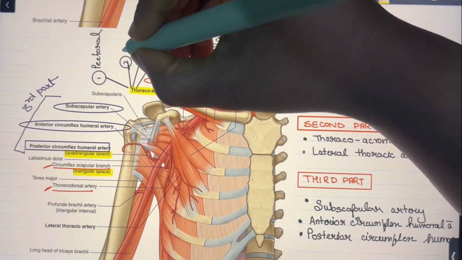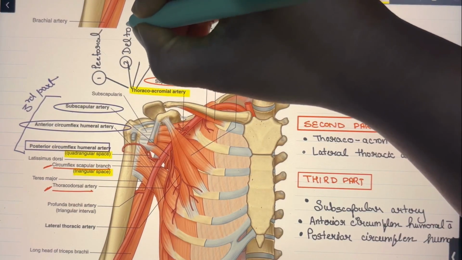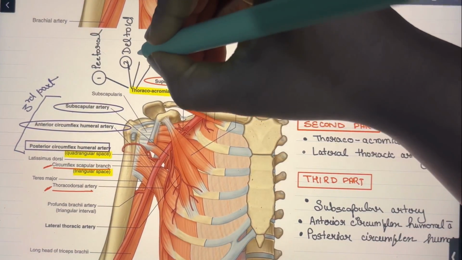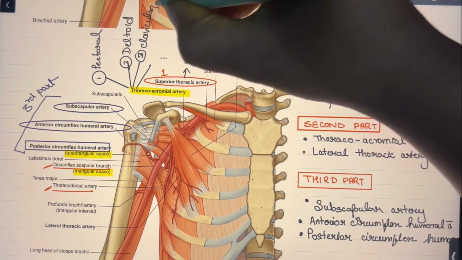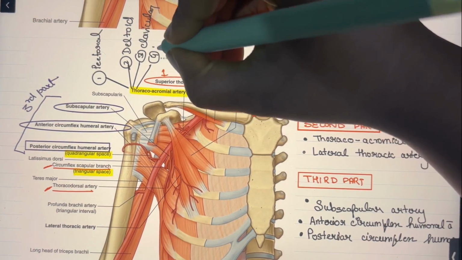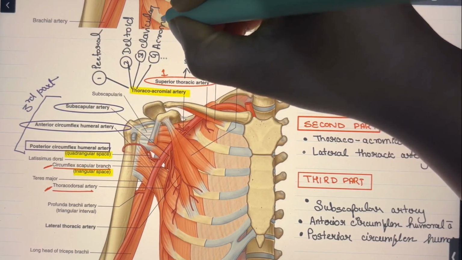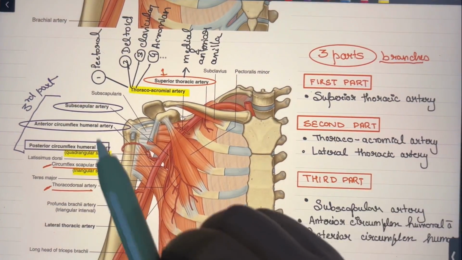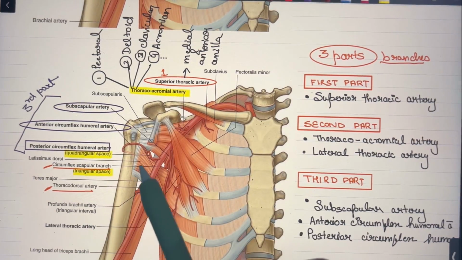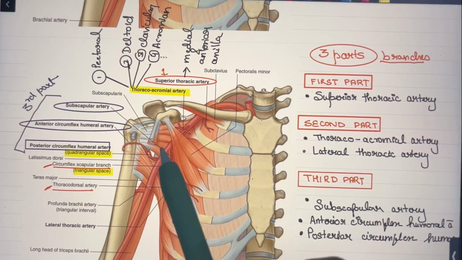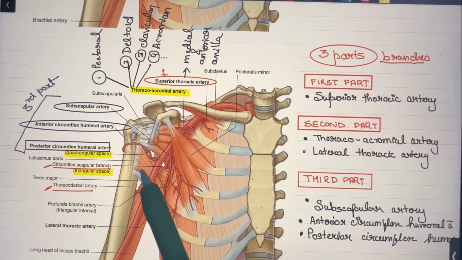Number two is deltoid. Number three is clavicular. And number four is acromial. These are the pectoral, deltoid, clavicular and acromial branches given by the thoracoacromial artery after piercing the clavipectoral fascia.